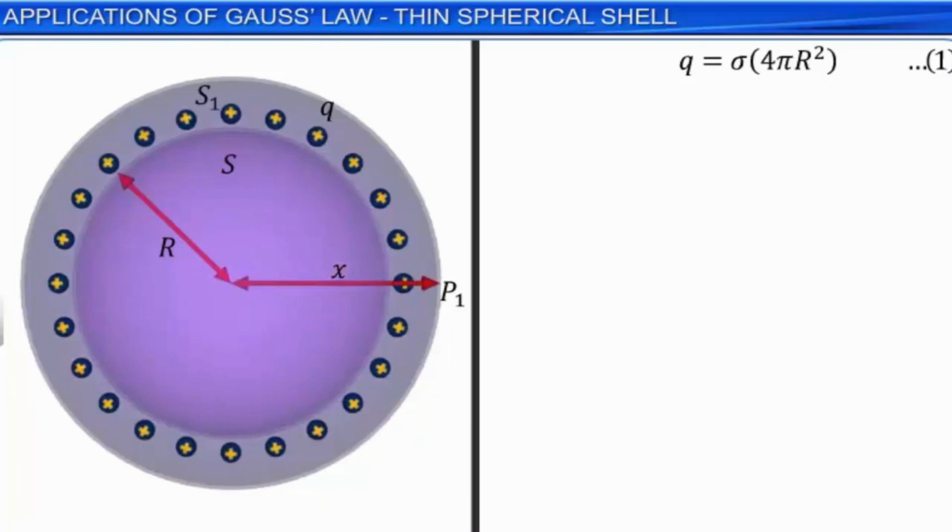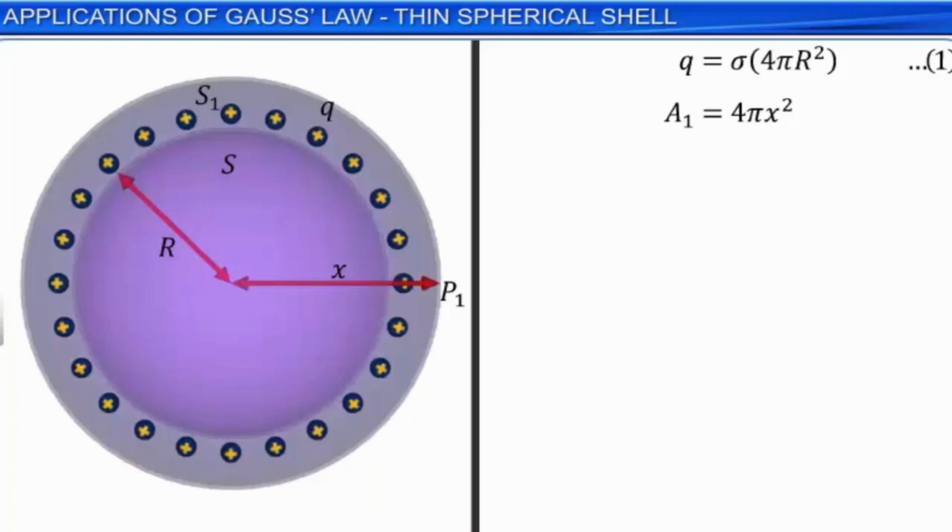Here, x is greater than r. This imaginary sphere S1 of radius x is a closed surface and it has area A1 equal to 4 pi x square. The imaginary sphere is the Gaussian surface.